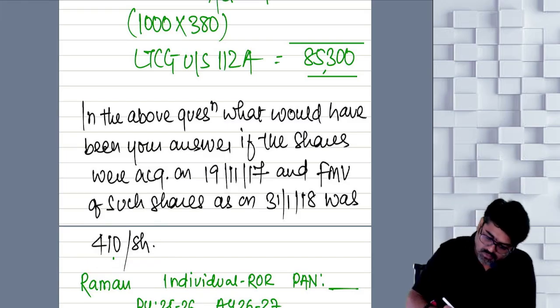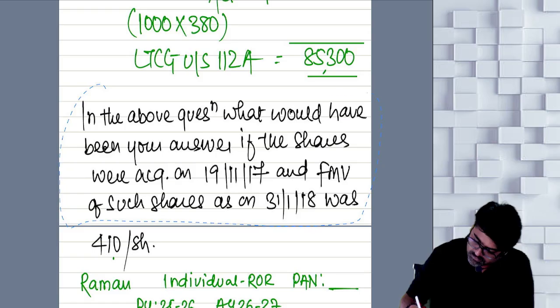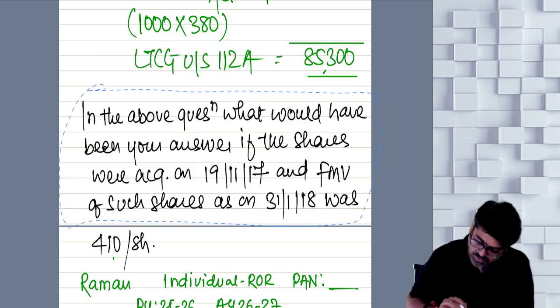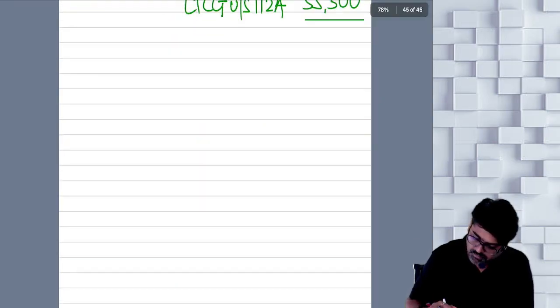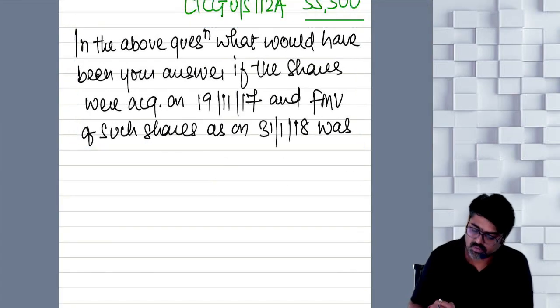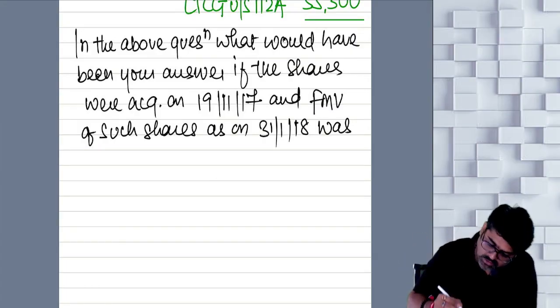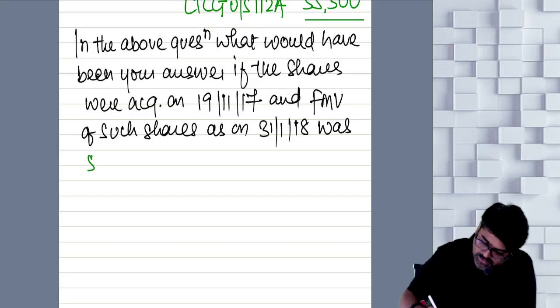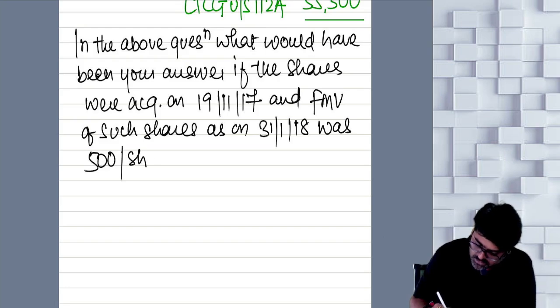So, copy and paste the question: what would have been your answer if the shares were acquired on the same date and the fair market value was 500 per share?